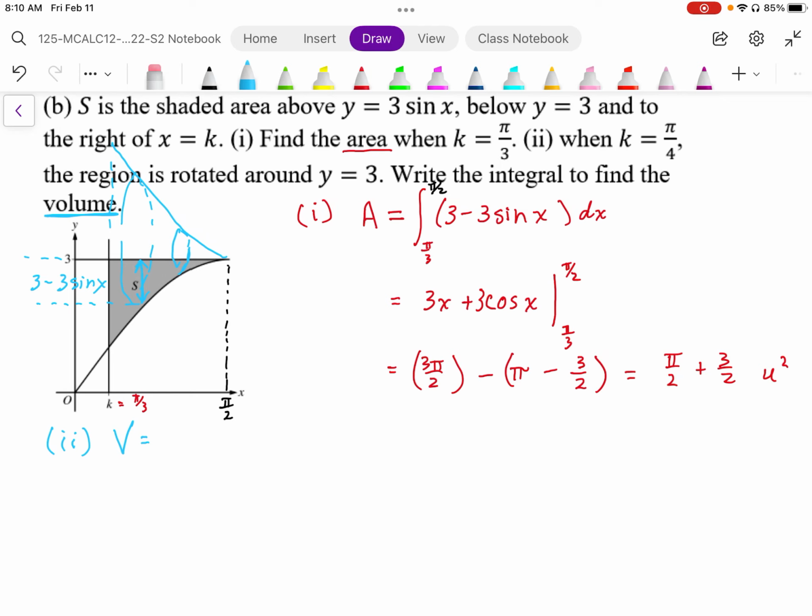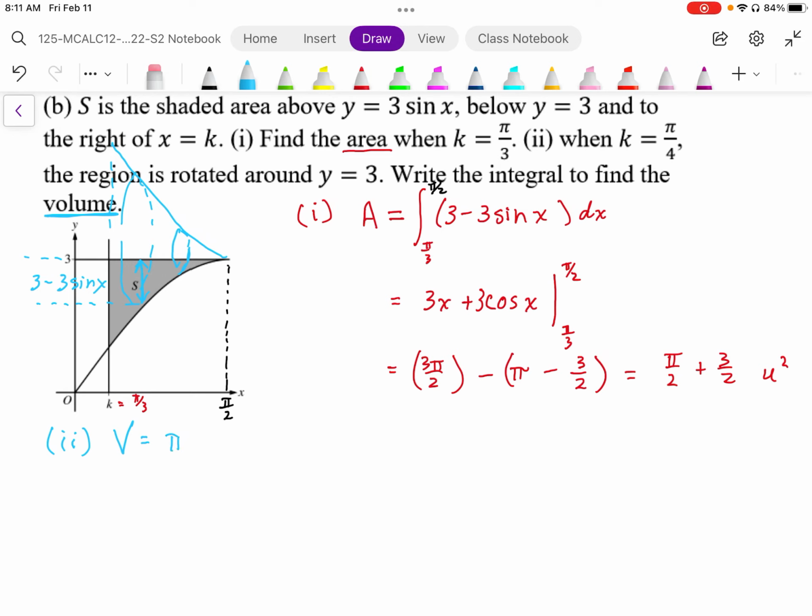So if I want to calculate the volume of this, I need to find the radius of that circular disc. The radius of that circular disc is going to be the distance between the line 3 and the line 3 sine x. So it's going to be 3 minus 3 sine x. So that's going to be my radius.